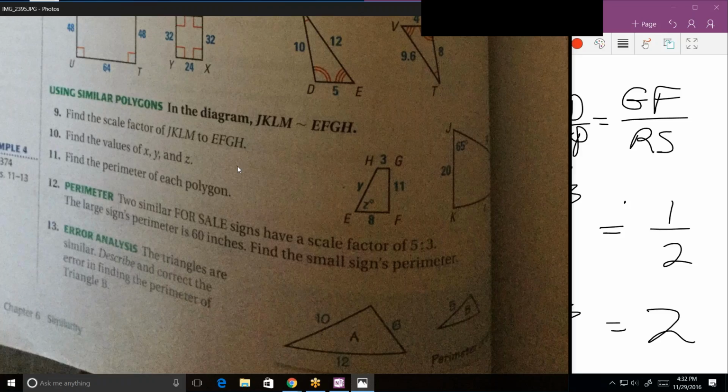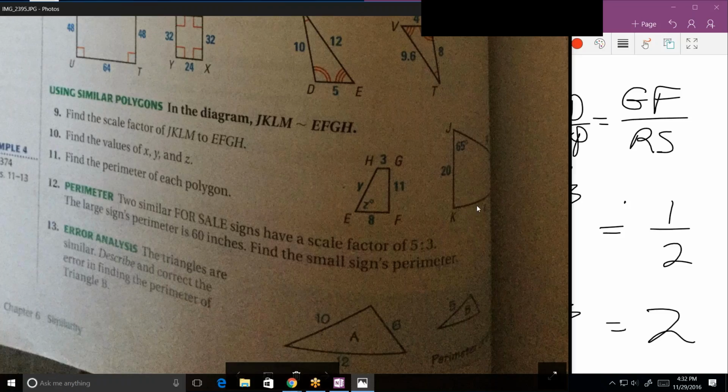Give me a second. I can't even see which is x. X is KL basically. You see the K at the bottom? Yeah, it's okay, I got it. Okay.